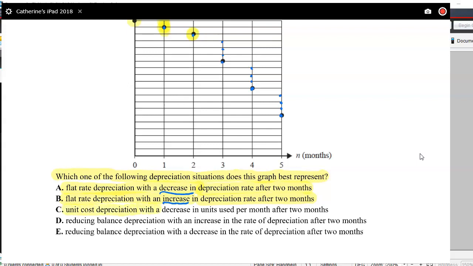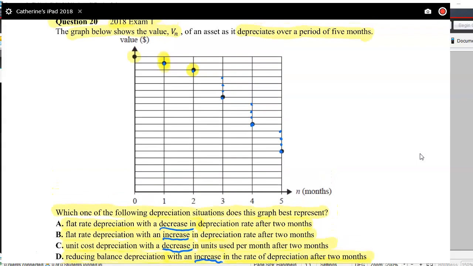Unit cost depreciation with a decrease in units used per month after 2 months. Reducing balance depreciation with an increase in the rate of depreciation after 2 months. Or reducing balance depreciation with a decrease in the rate of depreciation after 2 months. So all of these are acknowledging that there's been a change after 2 months.